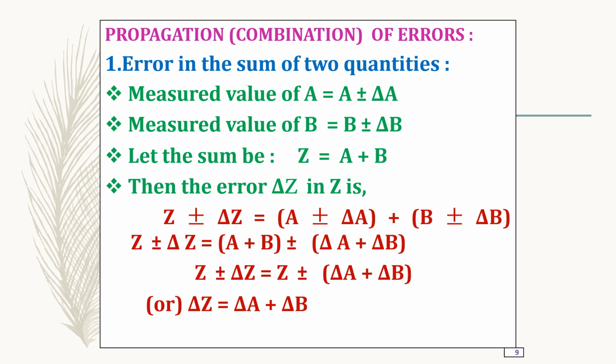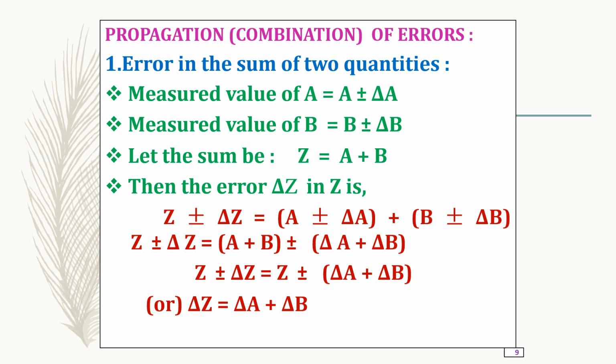Then the error delta Z in Z is Z plus or minus delta Z equal to A plus or minus delta A plus B plus or minus delta B. Now we bring A plus B together, and delta A plus delta B as the second term. So we get Z plus or minus delta Z equal to A plus B plus or minus delta A plus delta B. As we have Z equal to A plus B, we substitute there.